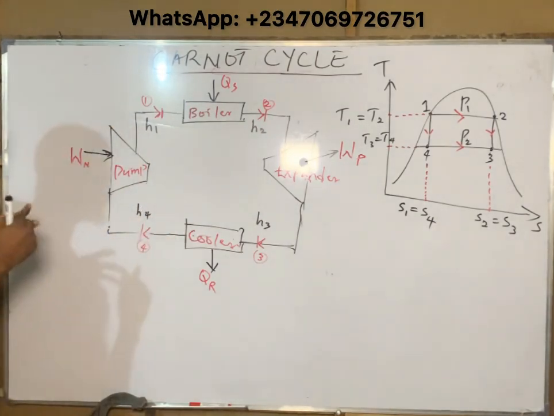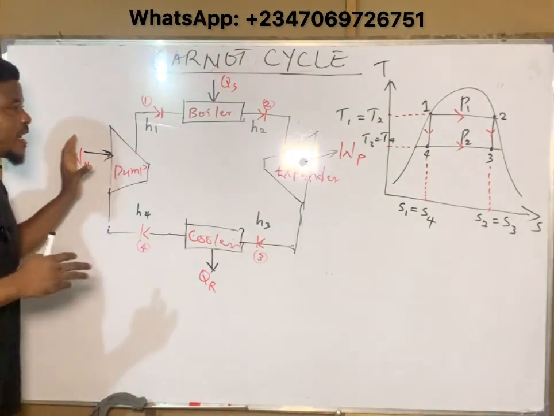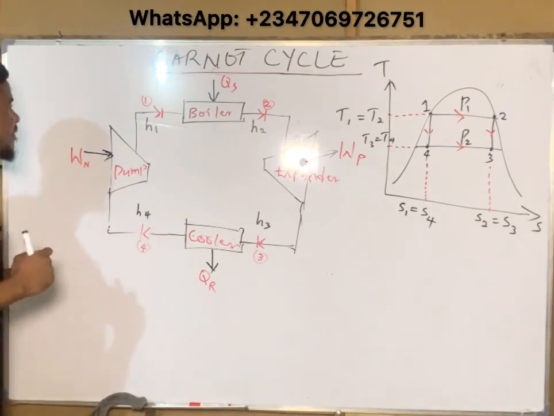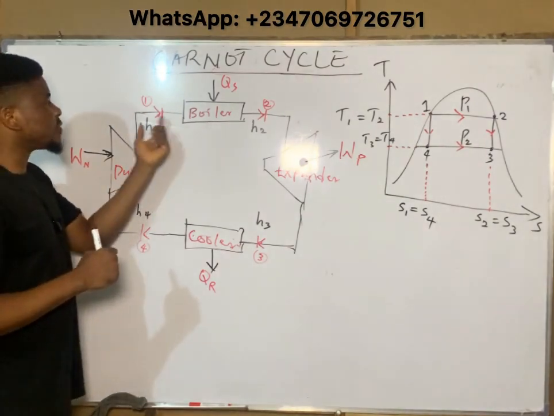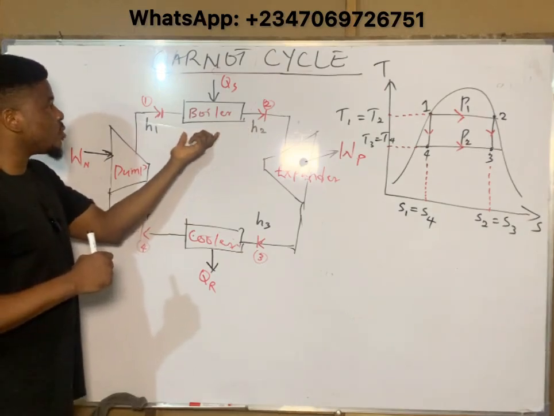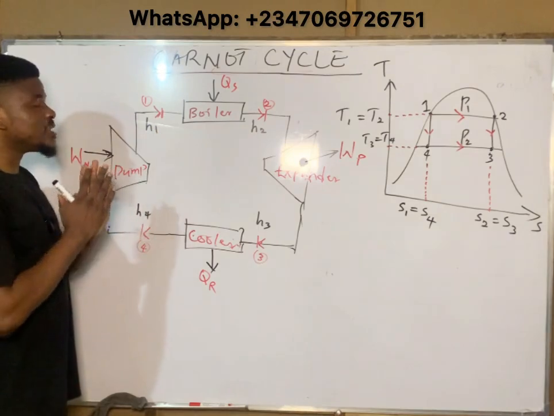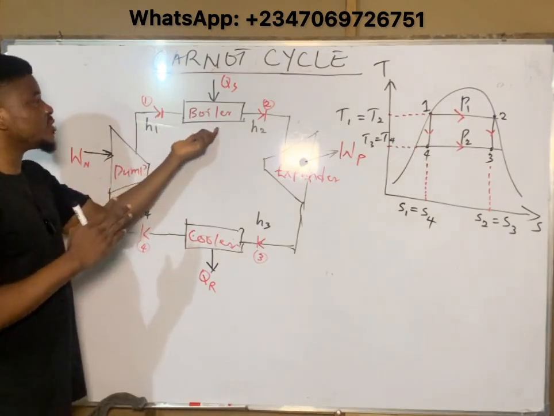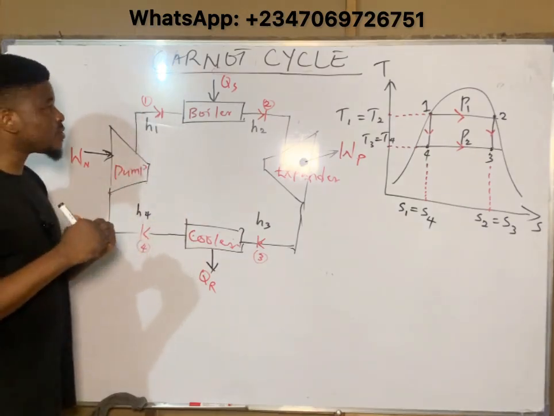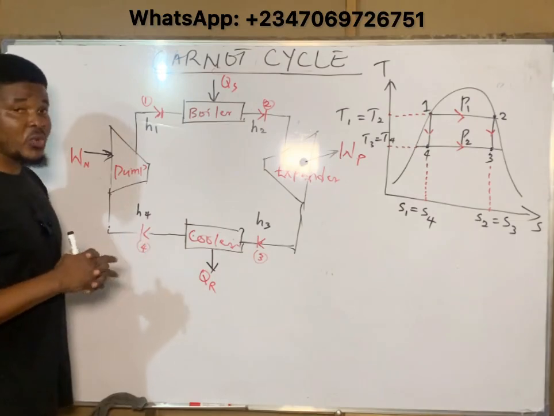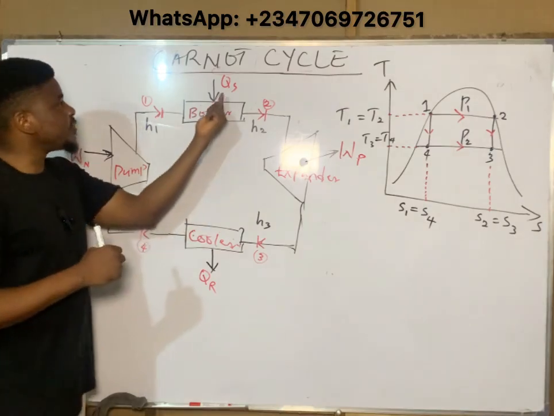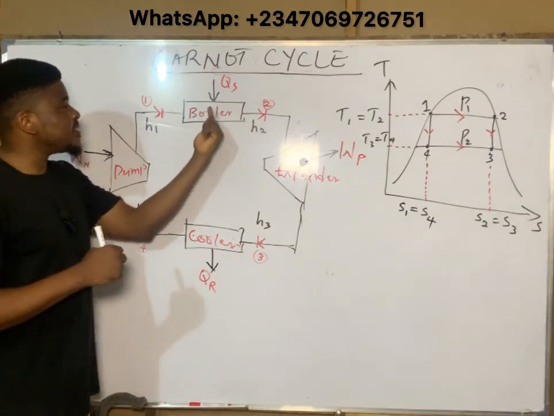Now, how do you know your formulas if you have been able to identify all your enthalpies? In simple steps. First, when you talk about state 1 to state 2, we talk about heat addition from the boiler. So what we do here is we take the sum of every parameter entering into the boiler to be equal to the sum of all the parameters leaving the boiler. This helps us to find the heat supplied into the working fluid. So I have QS, the heat supplied, entering into the boiler.